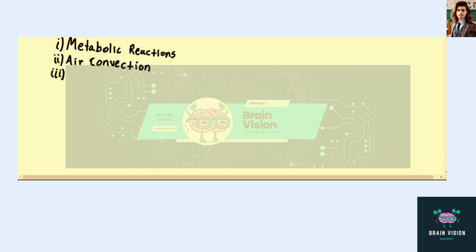Another method by which the person's skin will be heated up is by means of solar radiation. The sun in the sky will definitely act to heat up the person's skin very well. And the final source of heat will be the radiation from the environment, the environmental radiation.